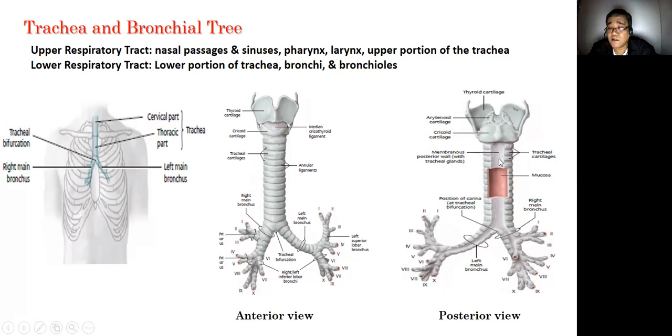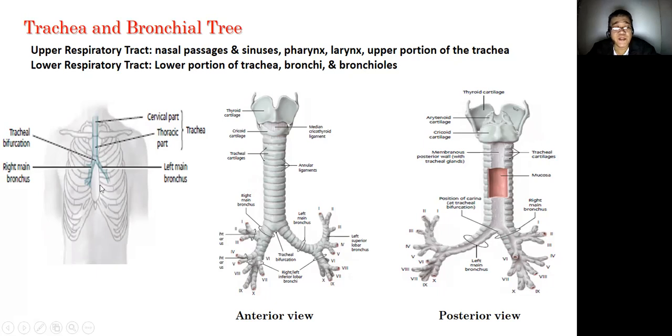The reason for the gap in the posterior portion of the trachea is to allow the esophagus to expand into the trachea, especially during swallowing. We must know that the esophagus is located immediately posterior to the trachea.